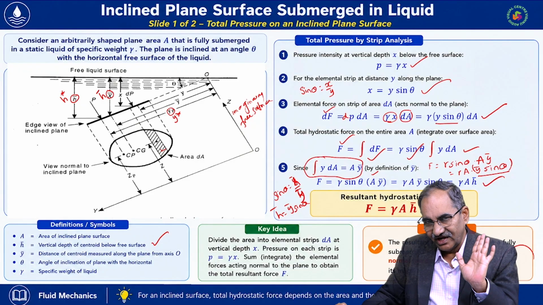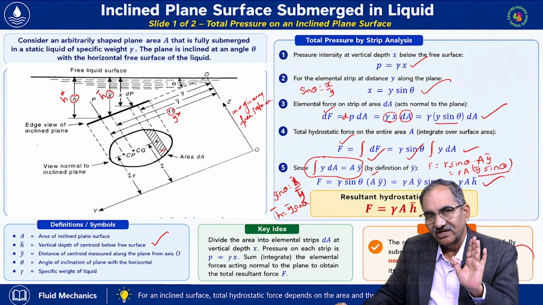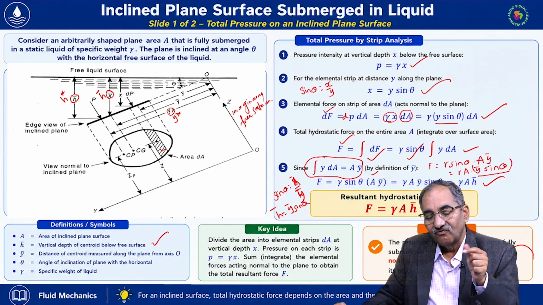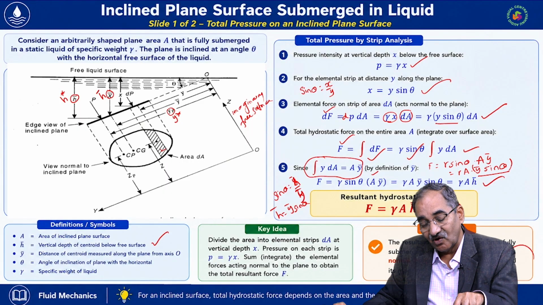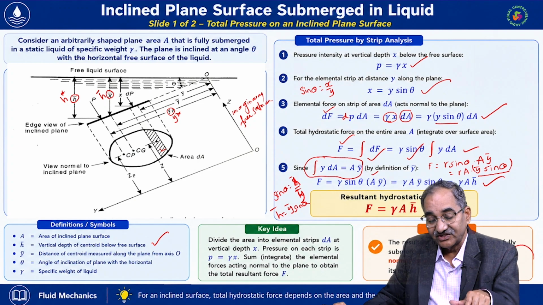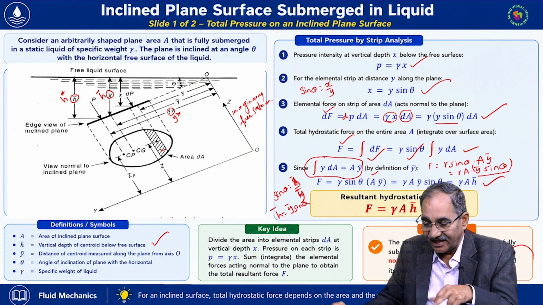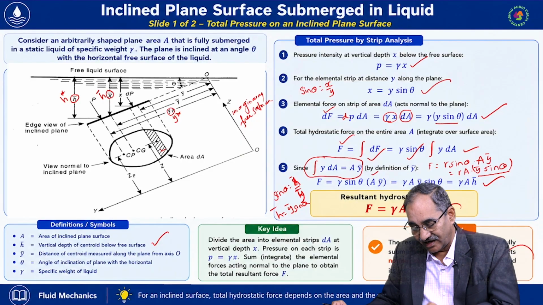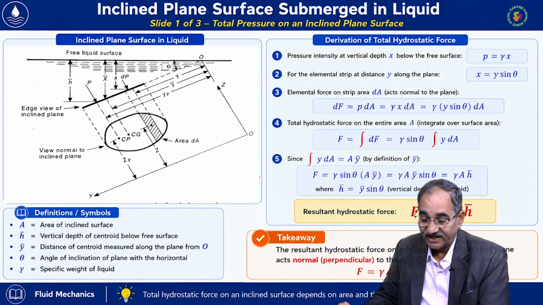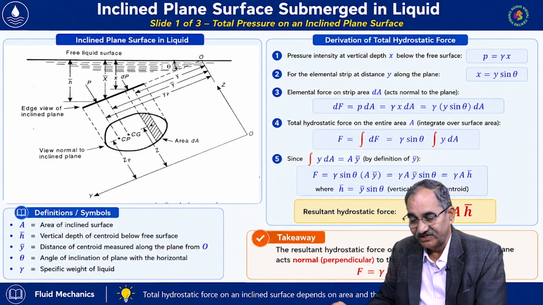Then the force on the small element is dF equal to dP into dA, gamma x into dA, where x is equal to y sine theta, and then we integrated it and got the answer. Once again you can go through these steps, which we have mentioned elaborately.